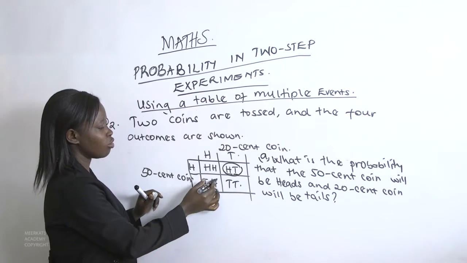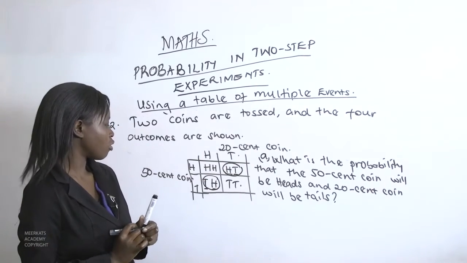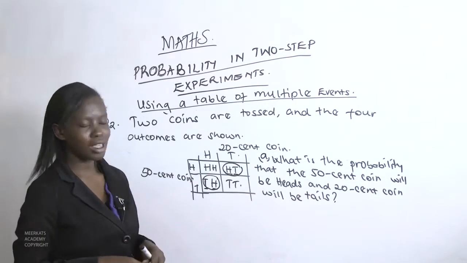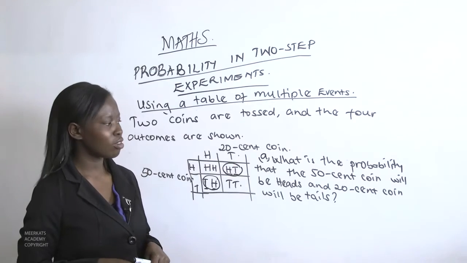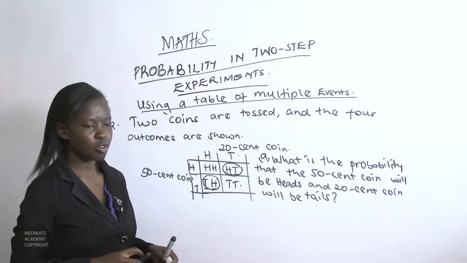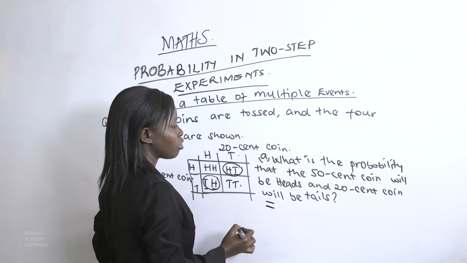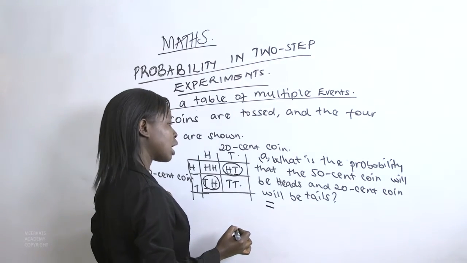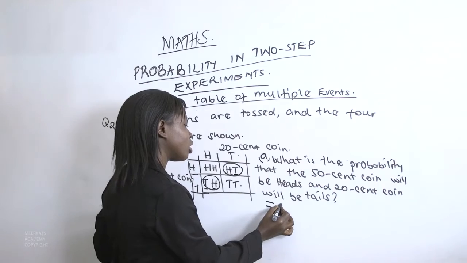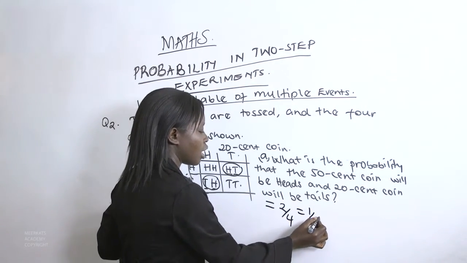So we get that we have two outcomes where we are having a head showing on the 50-cent coin and a tail showing on the 20-cent coin. So that means 2 events out of 4 events. So the probability that we will be having a 50-cent coin showing head and a 20-cent coin showing tail is 2 out of 4, which gives us a half.